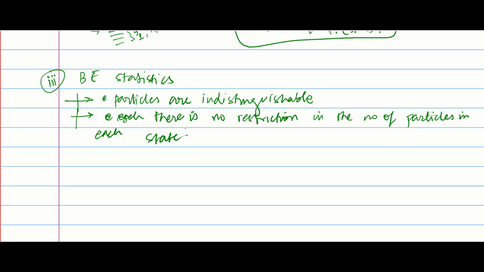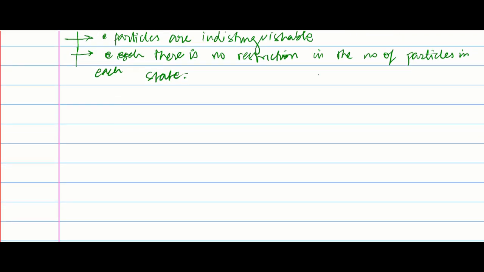Now how would you count the number of microstates, the number of ways it can be arranged? This is a bit difficult, so please concentrate. Just listen to me, everything will make sense after a while.